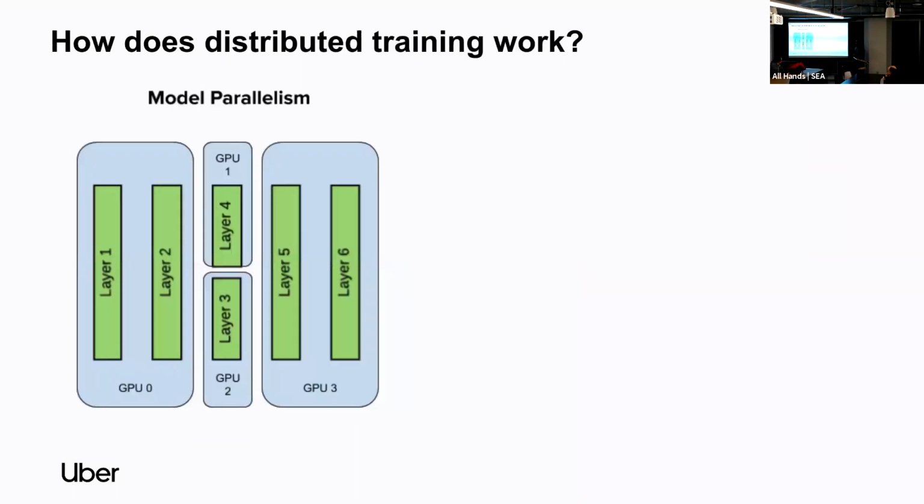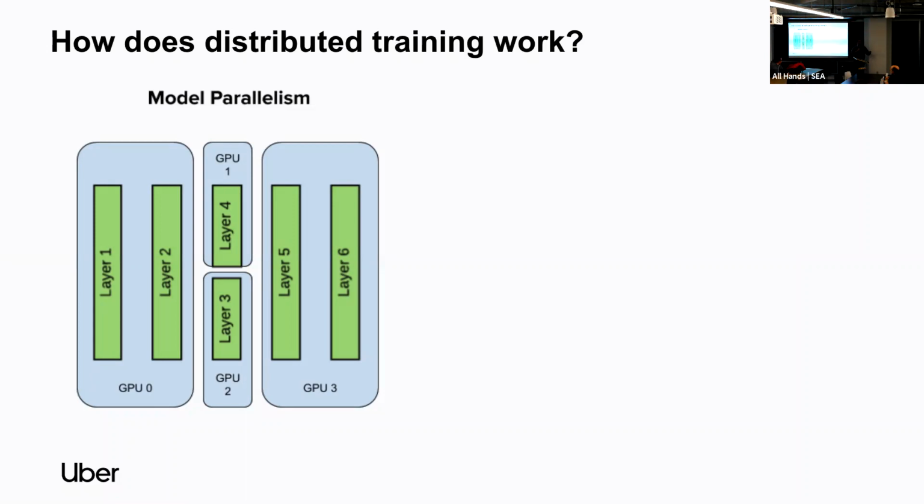Now, we usually have the problem of more data, which is a good problem to have. You have a lot of data and you want to throw it at your model, so you need to distribute this training. There are basically two common ways for distributed deep learning. The first technique is model parallelism, where you shard your model into different components and you put each one of those components on a GPU on a machine.